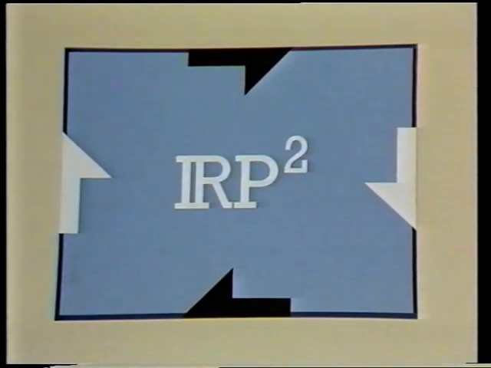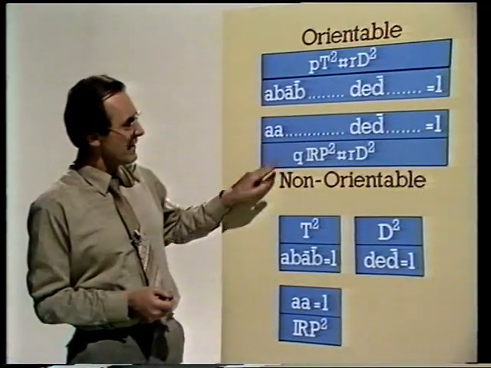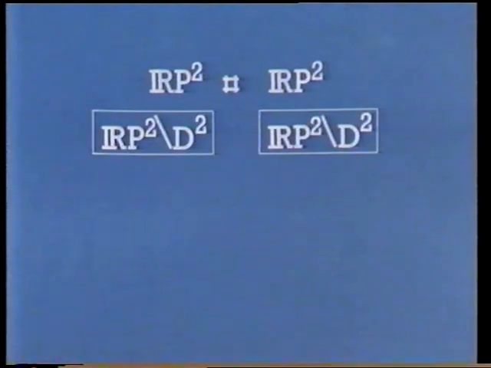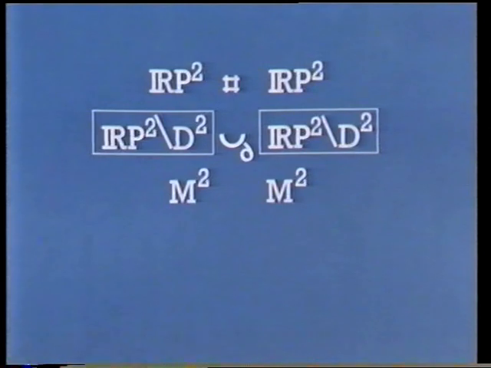First, there's the projective plane itself. Then, for Q equals 2, we get a familiar surface. Remember that removing a disk from RP2 gives a Möbius band. So when we glue the holes to get the connected sum, we're gluing 2 Möbius bands along their boundaries, which gives a Klein bottle.